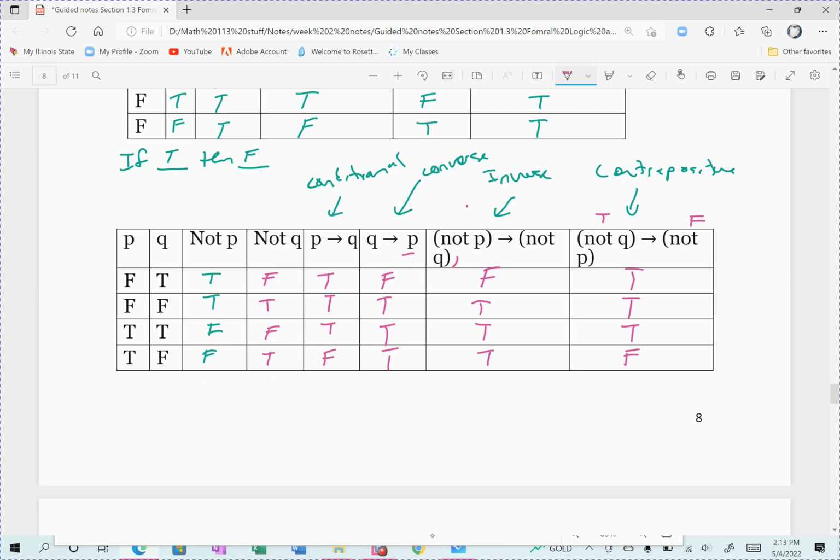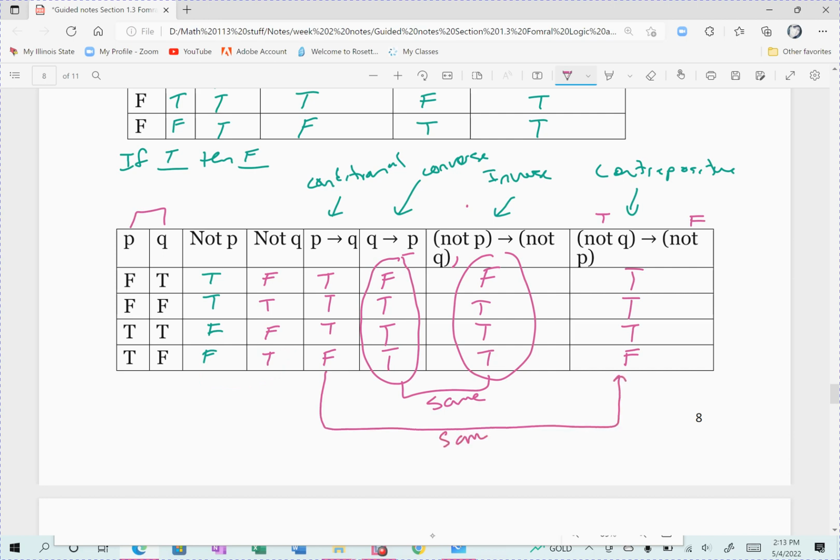So what you should notice here is if you look at your truth tables, this and this truth table comes out the same, using the same P's and Q's. This is the same. And then look at the conditional and the contrapositive. They're the same.